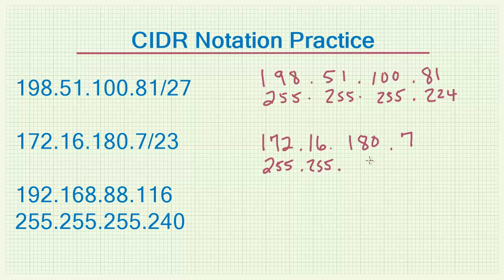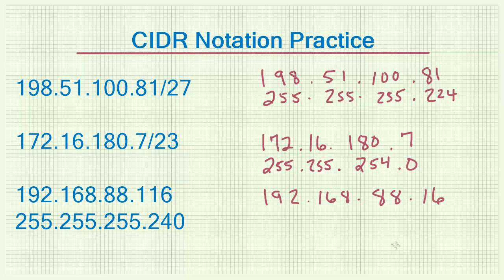So you could either take 128 and 64 and 32, 16, 8, 4, and 2 and add those all up together and get 254, or since we're just backing up 1 bit, you could take 255 and take away that last bit and you would get 254. So the decimal mask equivalent of a /23 is 255.255.254.0.